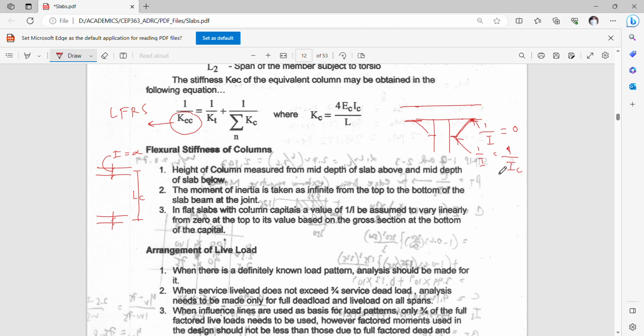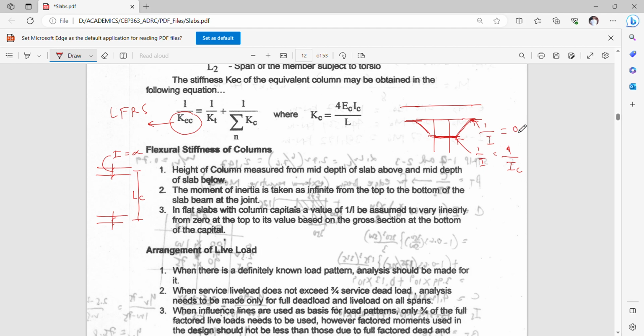Whatever is the column, because this is now at the level of this column stiffness here, whatever is the column's inertia here will represent a variable value of 1 over I from 0 to the value of the column. So this is 0 at the top to its value at the base. So this is the base, the cross section at the bottom of the capital.